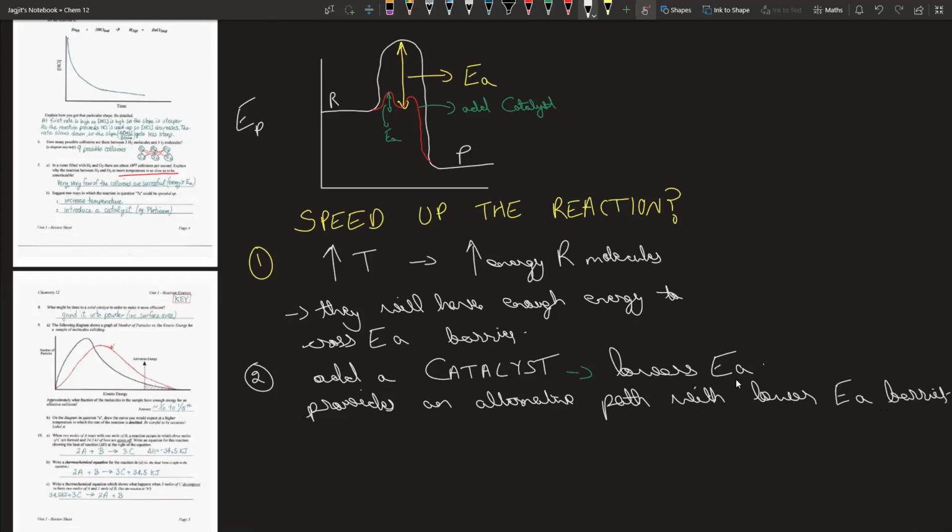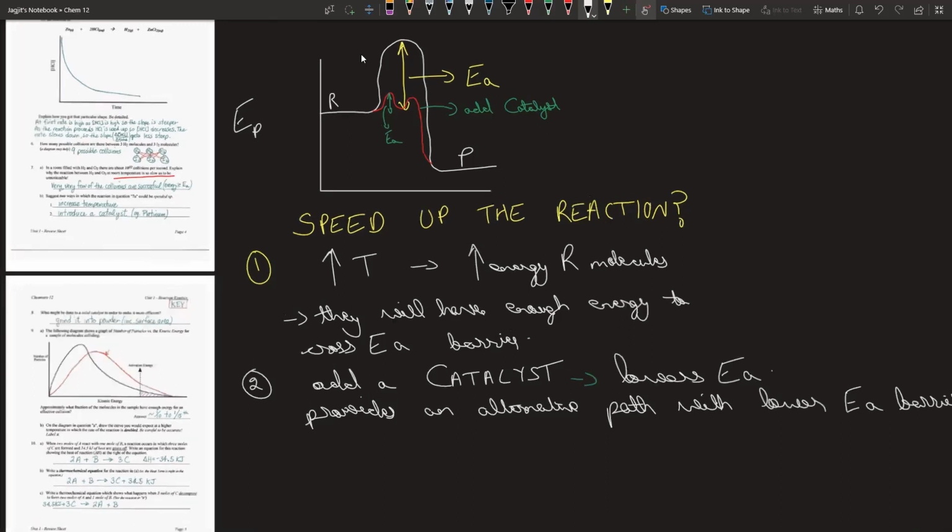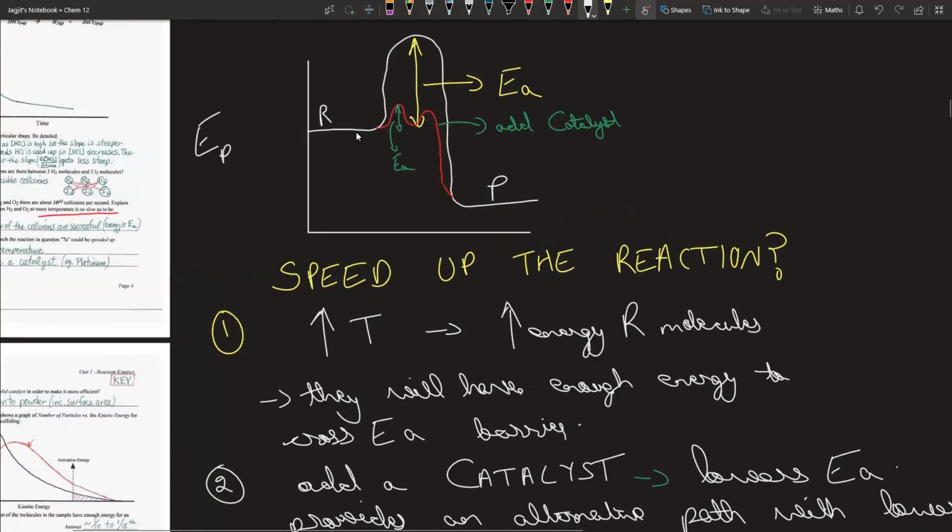And because of that, the reaction speeds up. Because now a lot more of these reactant molecules are able to cross this barrier, since it's lower. So a lot more of these reactant molecules can easily cross. That's how it speeds up the reaction.